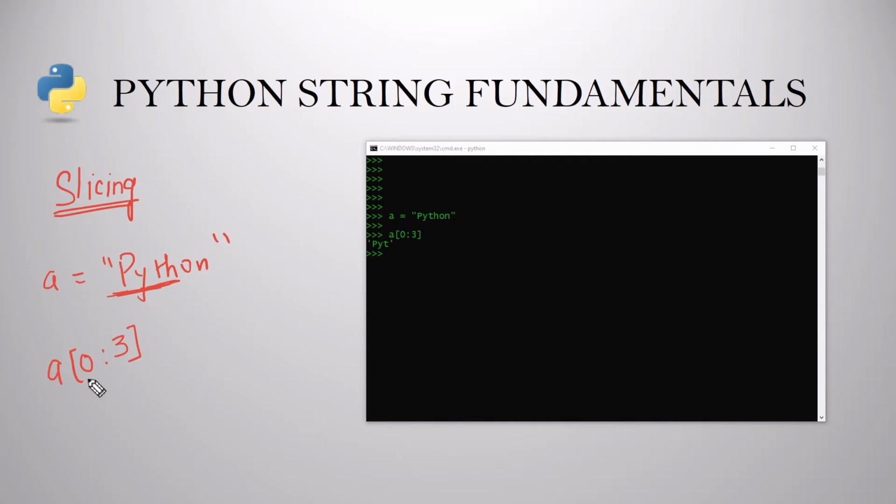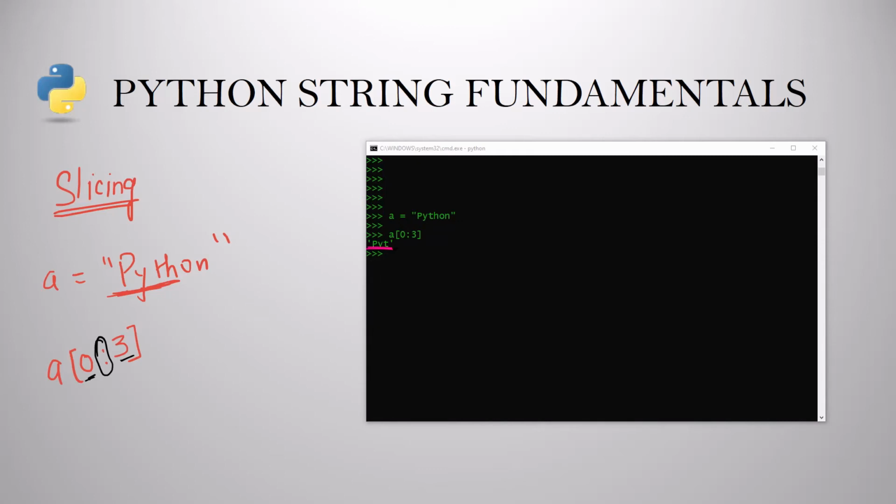When we index a sequence object such as a string with a pair of offsets separated by a colon, Python returns a new object containing the contiguous section identified by the offset pair. So what is returned from slicing is a new object.